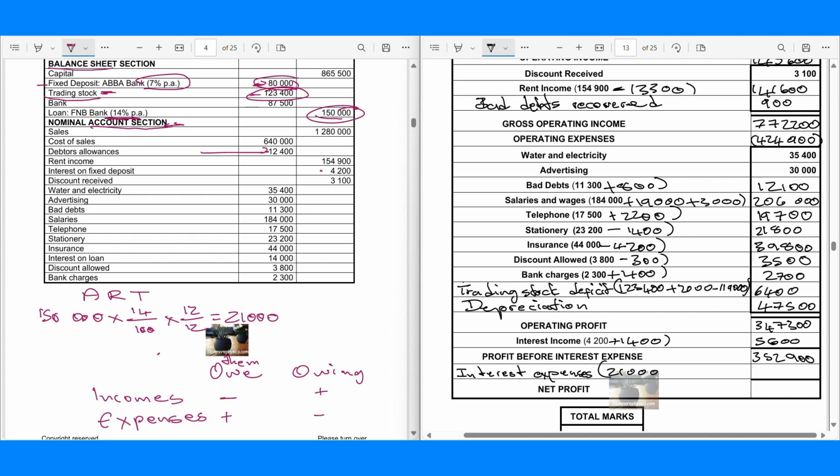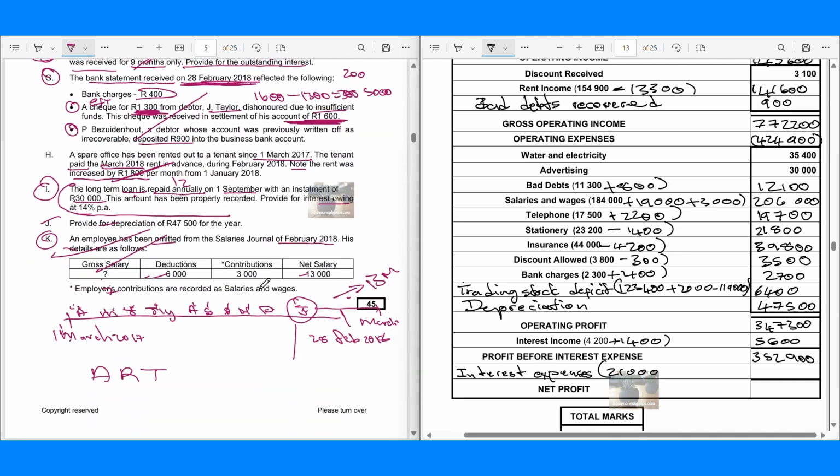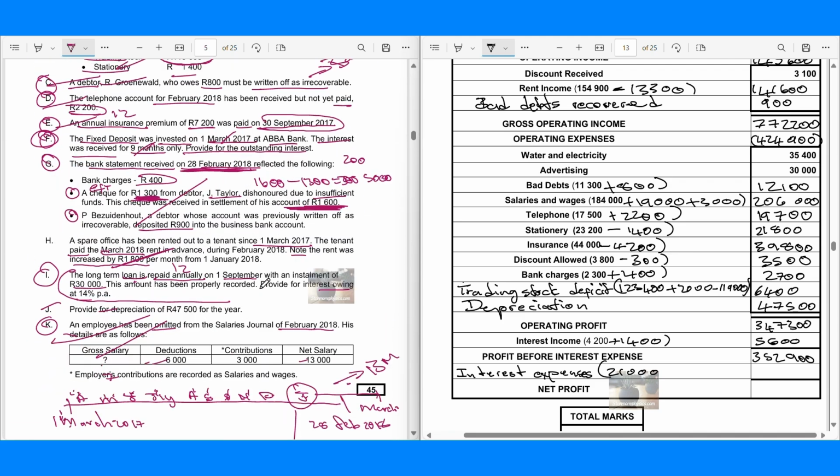But the transaction still continues. As you can see there, they are saying that a long-term loan is repaid for 12 months. So this 30,000 is for 12 months. On 1 September, this is 2017, with an installment of 30,000. This amount has been properly recorded, provide the interest owing.